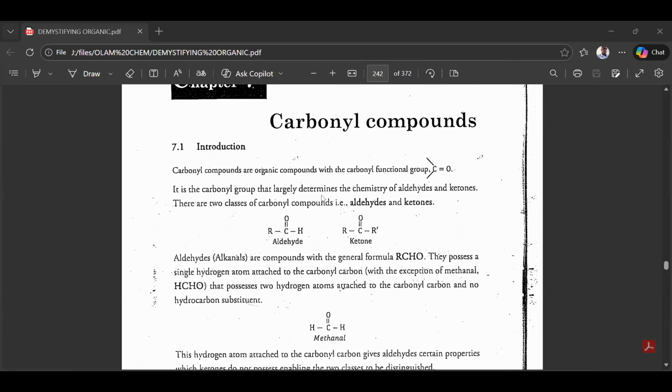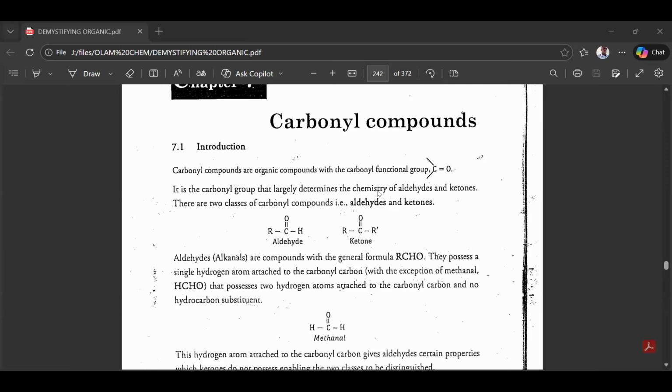But these carbonyl compounds, sometimes we divide them into two classes. The way we have been dividing alcohols into classes, for example primary alcohols, secondary alcohols, tertiary alcohols, even carbonyl compounds are divided into classes.